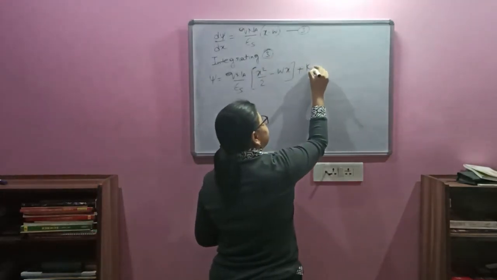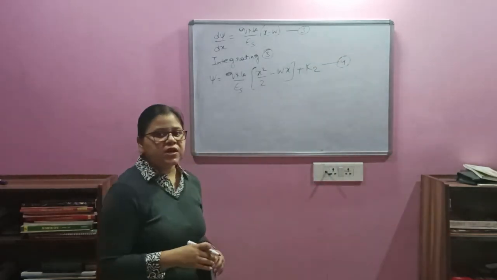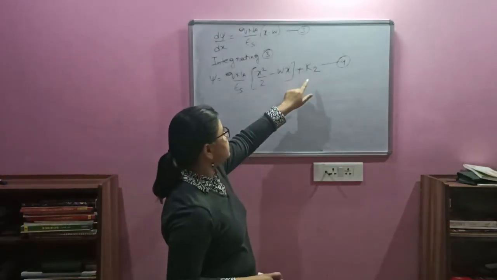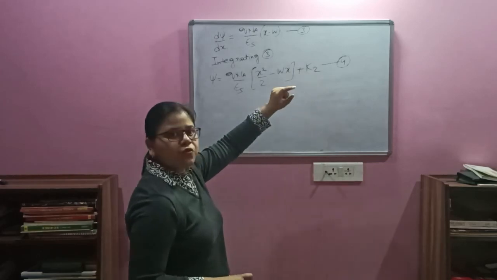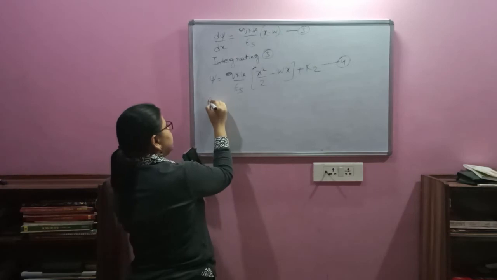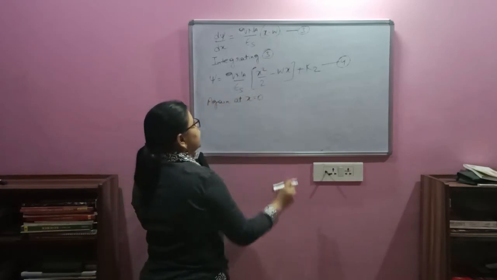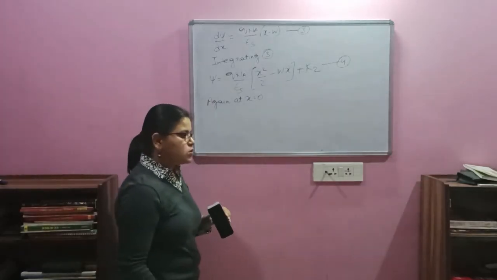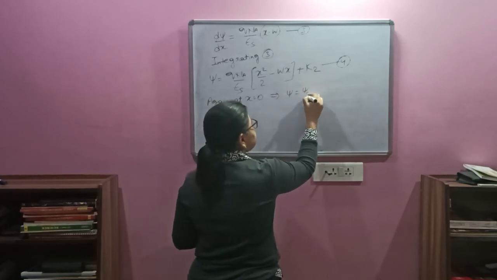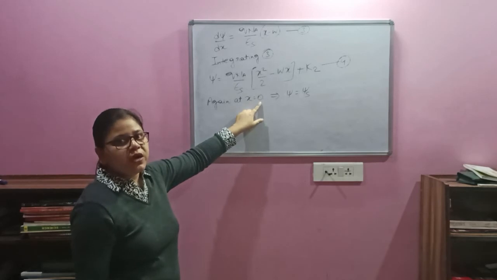Again one new proportionality constant comes into the picture, and I name it k2. Now the question again arises of finding the value of k2, because this is not a known term for us. So again applying the boundary conditions, but now I take the boundary condition at x equals to 0. We know at x equals to 0, psi is equal to psi s, because this is the condition where we have the SiO2 and Si interface.